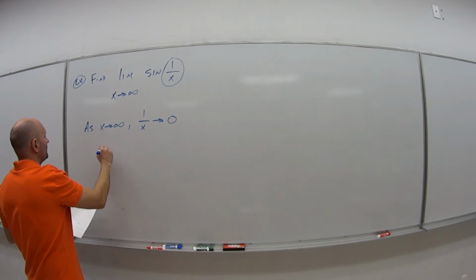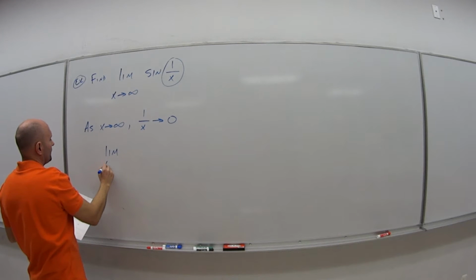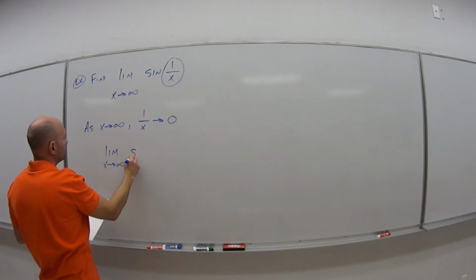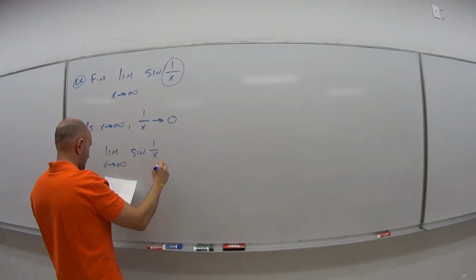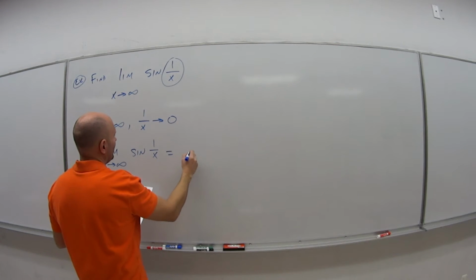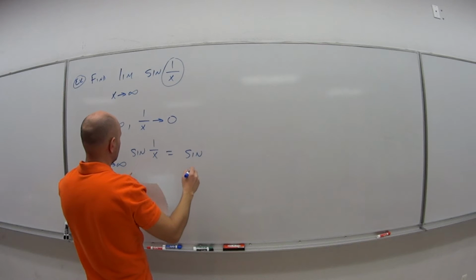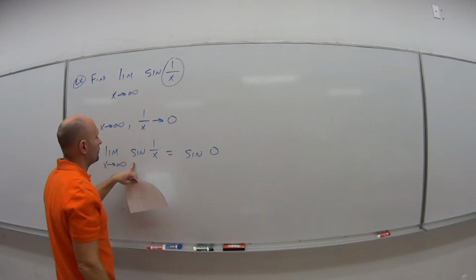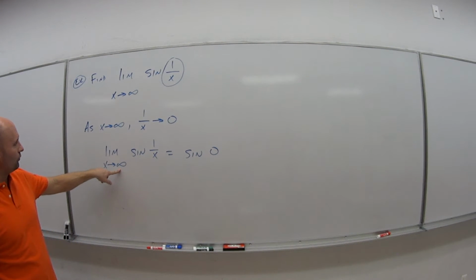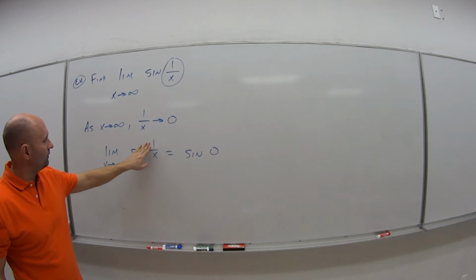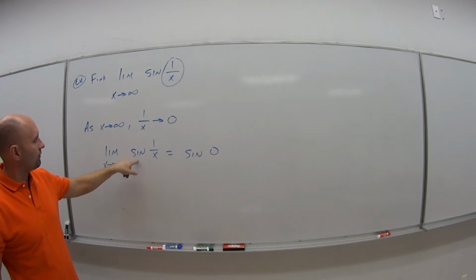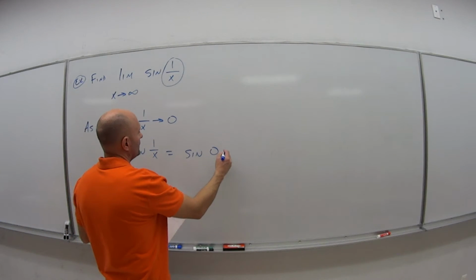So that means that the limit as x goes to infinity of sine of 1 over x is the same as sine of 0. So as x goes to infinity, this whole piece here, 1 over x, is going to 0. So I'm really trying to find what's sine of 0.